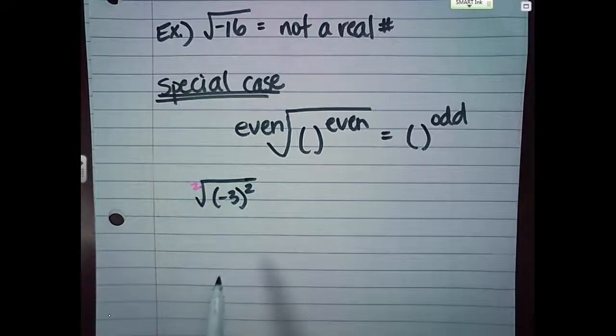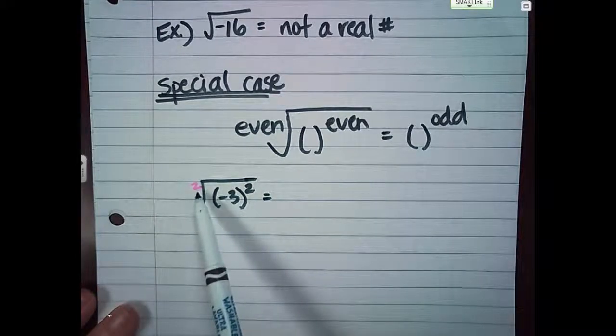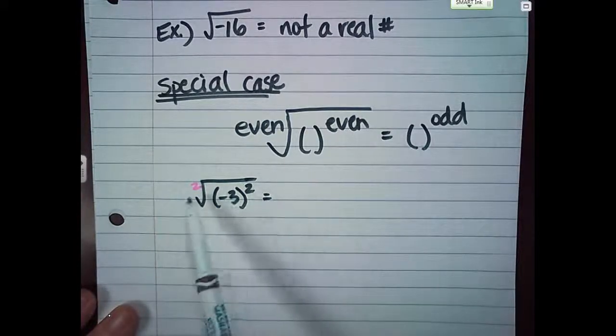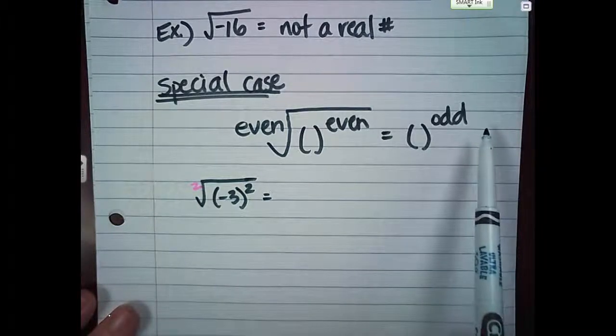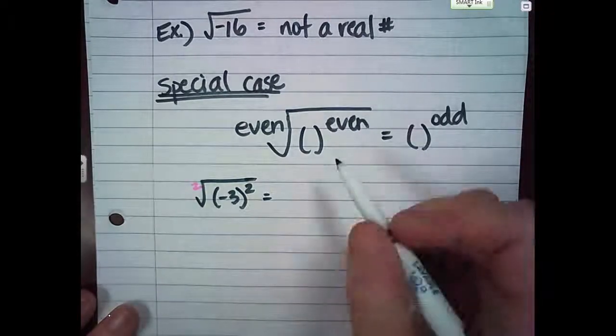Okay? But before you write negative 3, this is the special case I'm referring to. If the root is even, and the exponent inside is even, and when you divide, 2 divided by 2 gives you an odd exponent, an exponent of 1, correct? Then you have to use the absolute value. Let me explain what I mean.